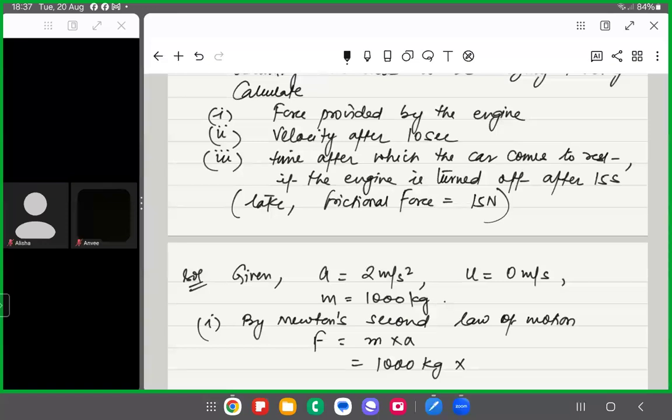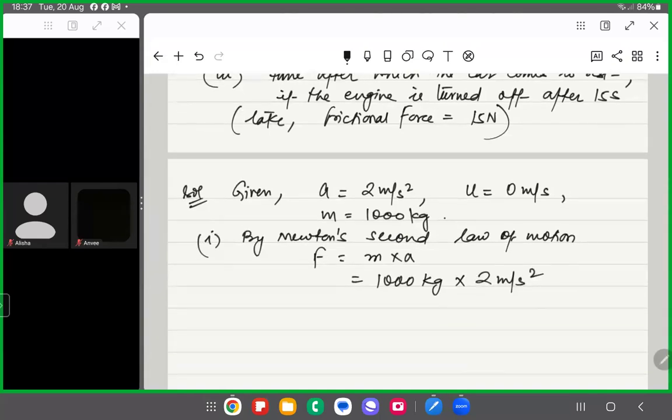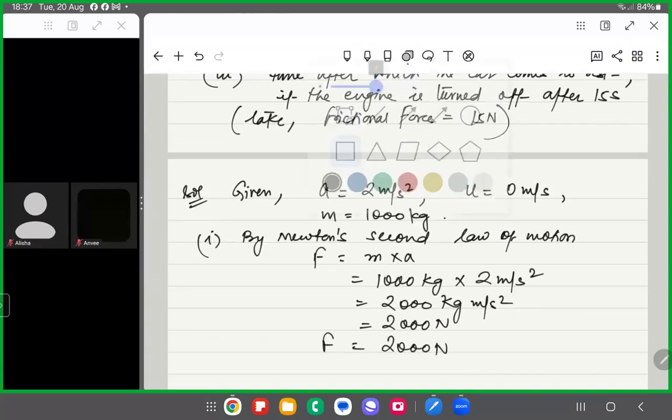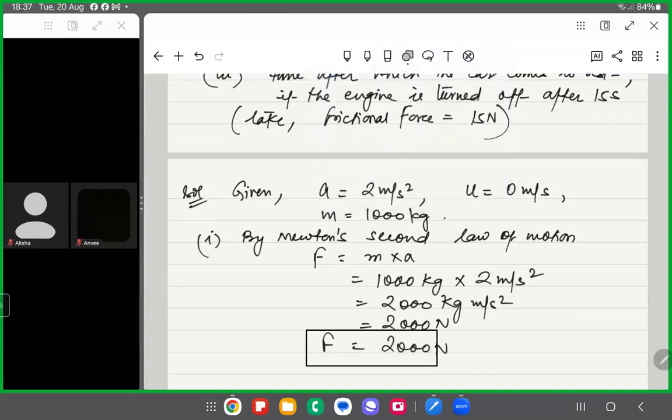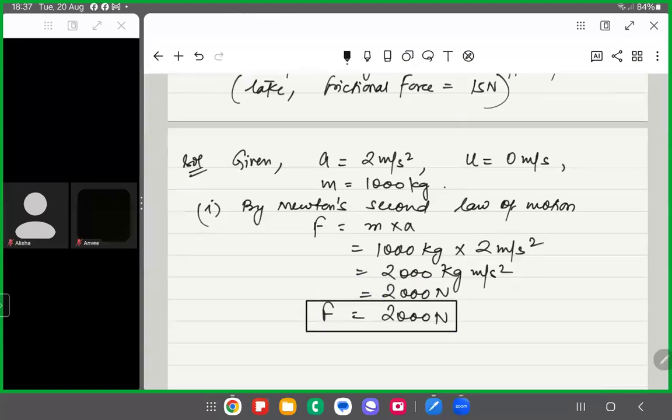So mass is 1000 kg and acceleration of the body is 2 meter per second square. So the force provided by the engine is 2000 kg meter per second square, or you can write it as 2000 Newton. Kg meter per second square is Newton. This is the force provided by the engine so that it gets the acceleration of 2 meter per second square, right?